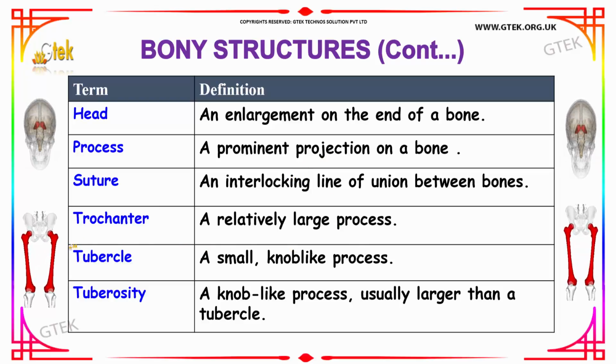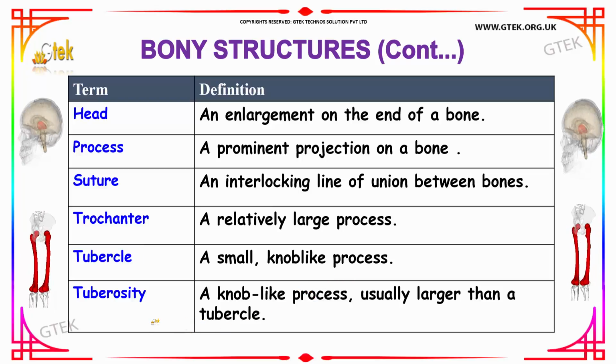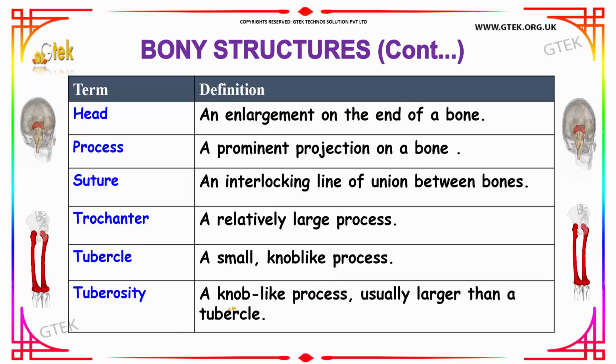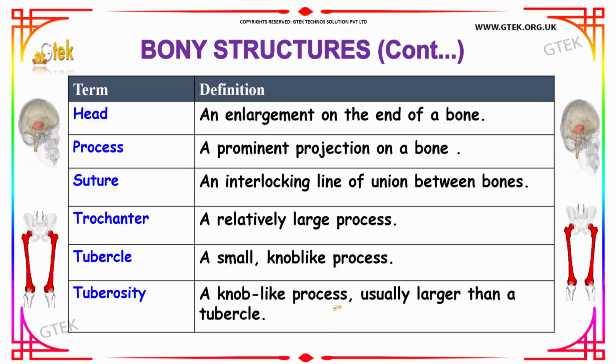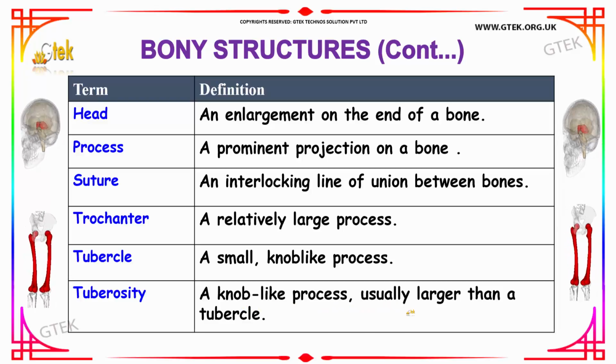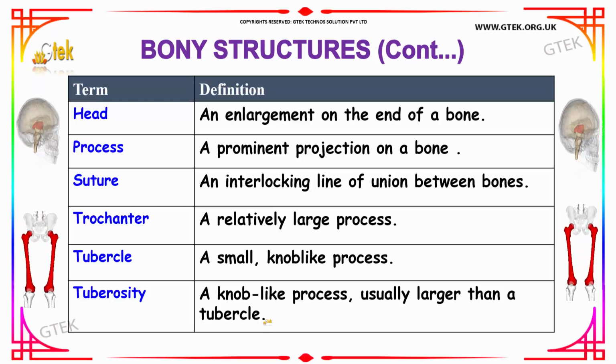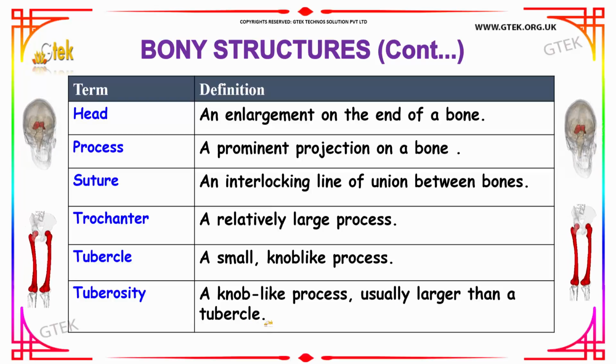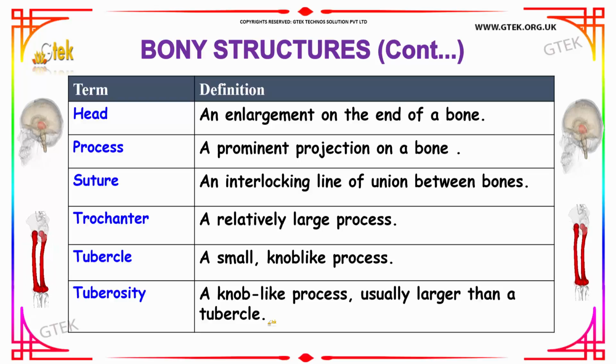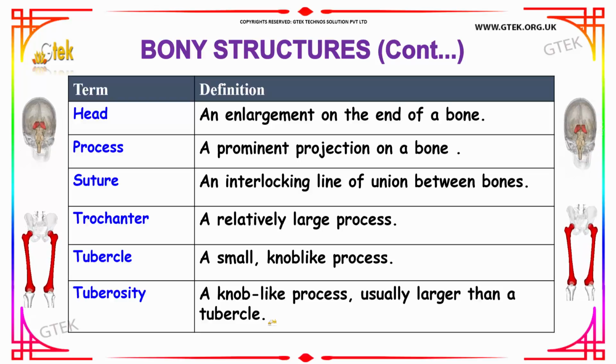Tubercle is a small knob-like process. If it is tuberosity, a knob-like process is usually larger than a tubercle. So these are the terms which are used to define the bone structures.